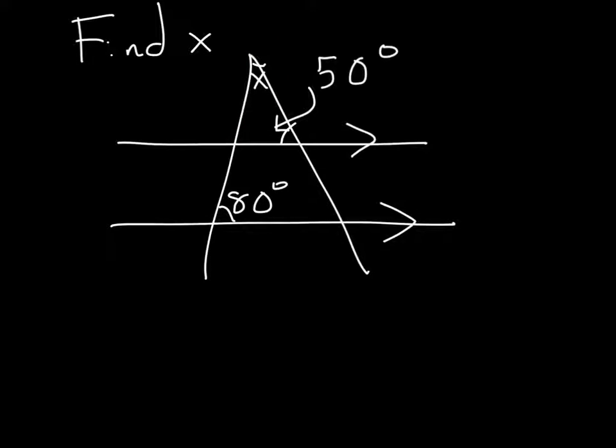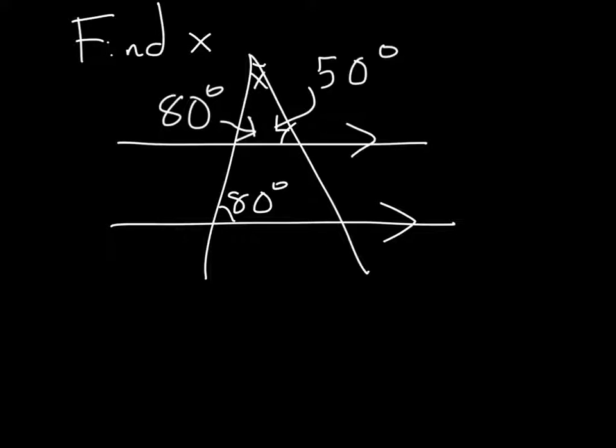x. So our other rule that has to do with angles is the F rule. So the F rule tells us if we can find an F, here's our F, it tells us that corresponding angles have to be equal. So here is 80 degrees, so this angle in here, by the F rule, also has to be 80 degrees. And then finally, we have two of the three angles in a triangle, so we can just figure out the third.